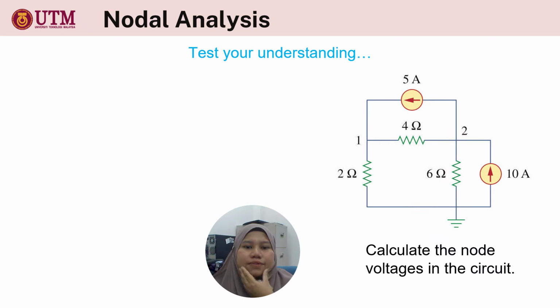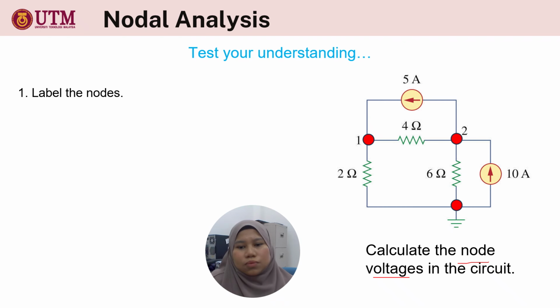Okay, next. If you understand what I'm saying, you need to do some examples. Given this circuit, calculate the node voltages. If they ask you for the node voltages, it means they want you to calculate the voltage at the nodes. So first you need to label the nodes. What are the nodes? This is 1, 2, 3.